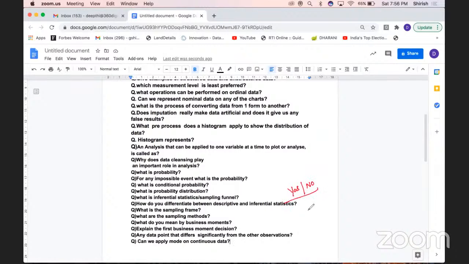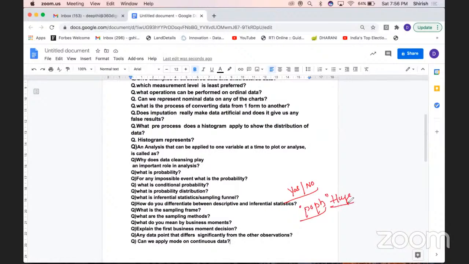Why? Because when we talk about mode calculation, it is for population. Then what happens if you just consider the data? The data is continuous. So for population data, you can't calculate mode because it is huge data.